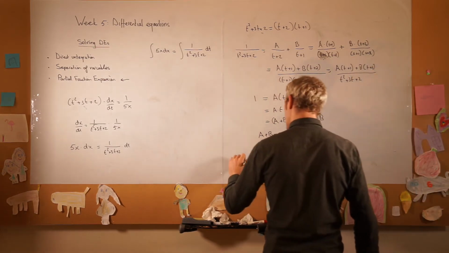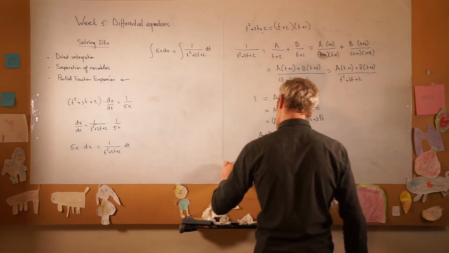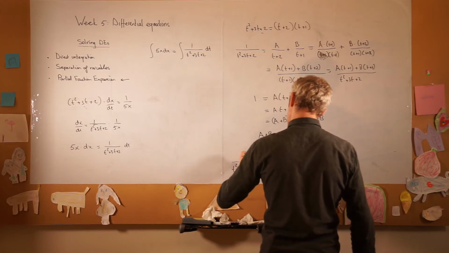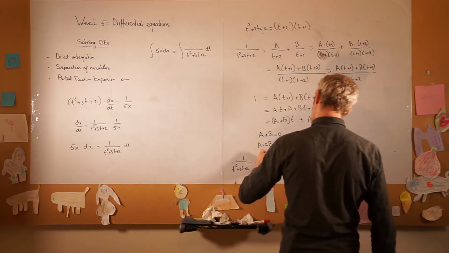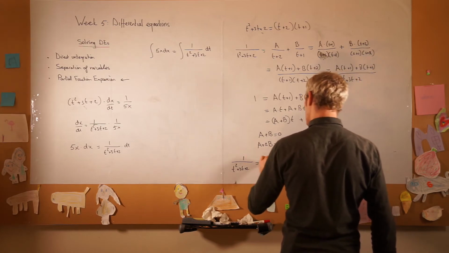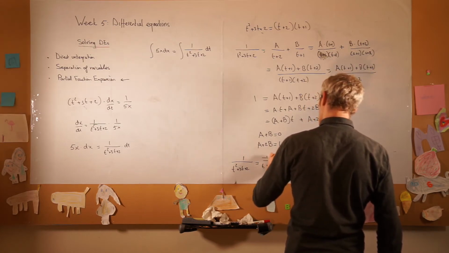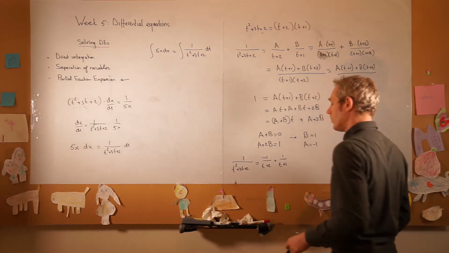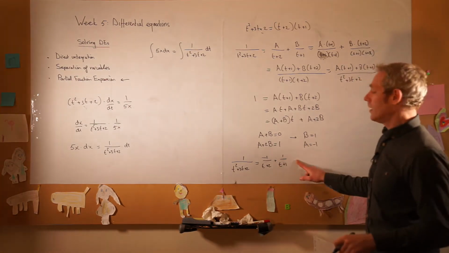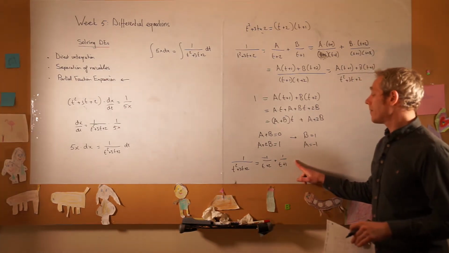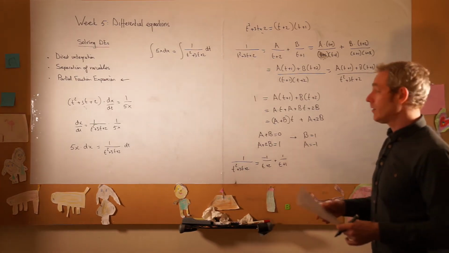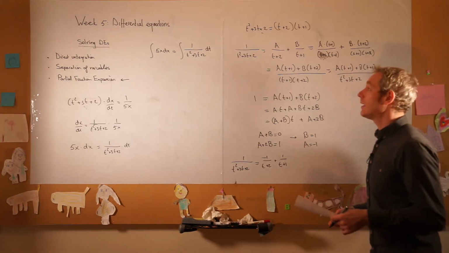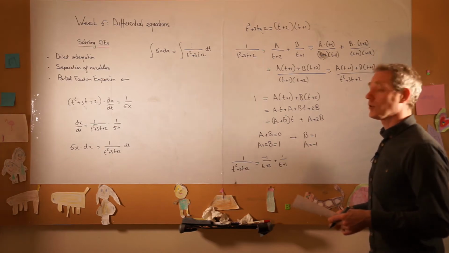So 1 over t squared plus 3t plus 2 is equal to minus 1 over t plus 2 plus 1 over t plus 1. This is partial fraction expansion, which we will also need in the Block 8 course on automated flight.